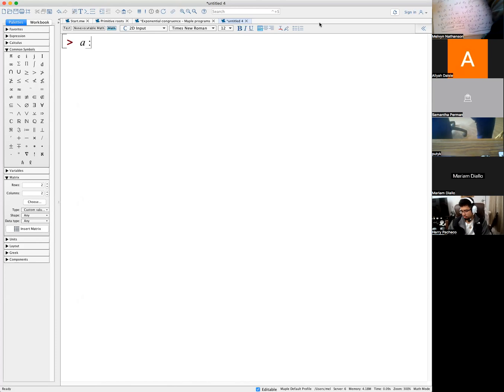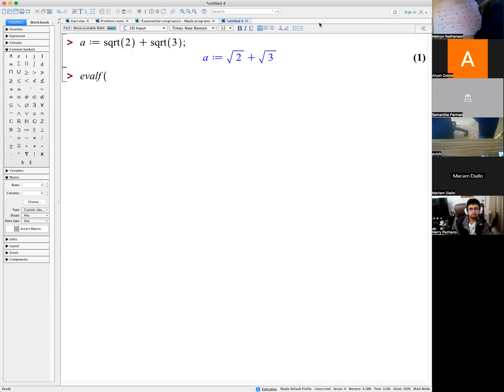This number I'm interested in, square root of 2 plus square root of 3. If we're curious what this is as a decimal, it's close to pi actually, but it's not pi, but it's 3.1462 something.